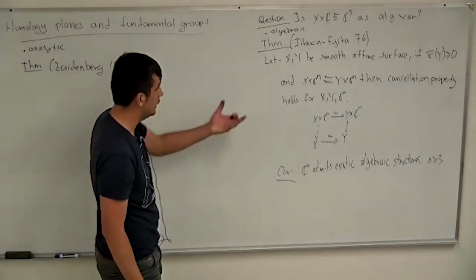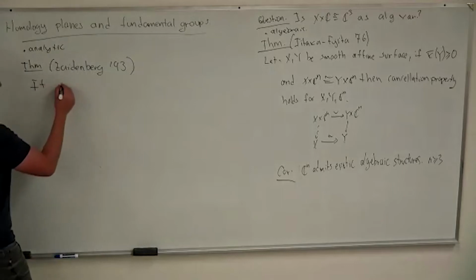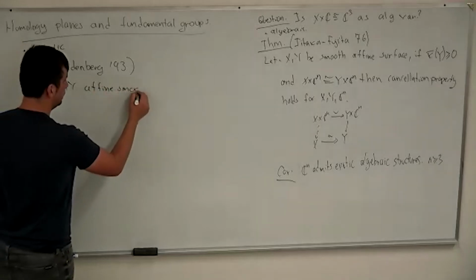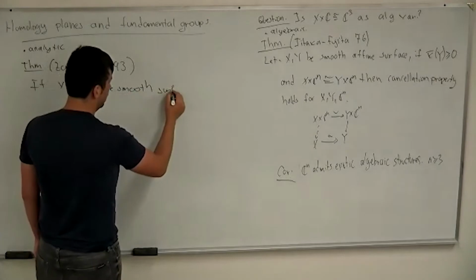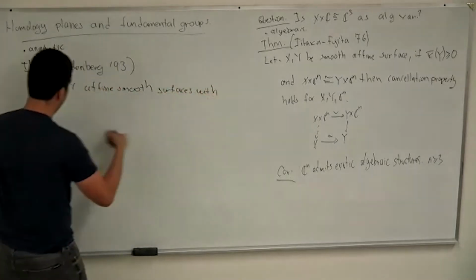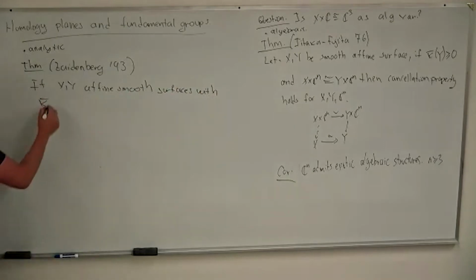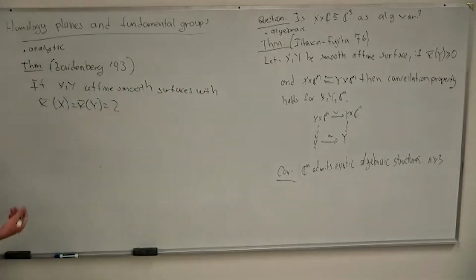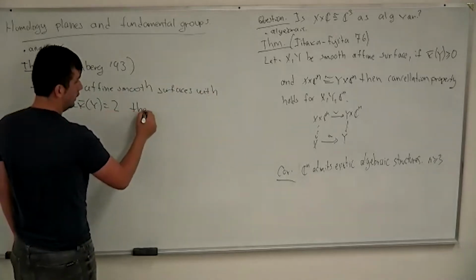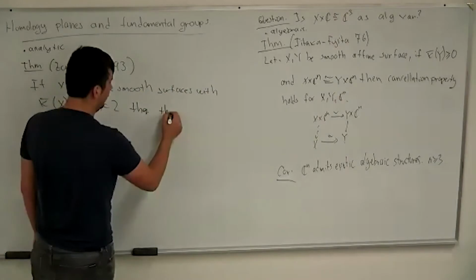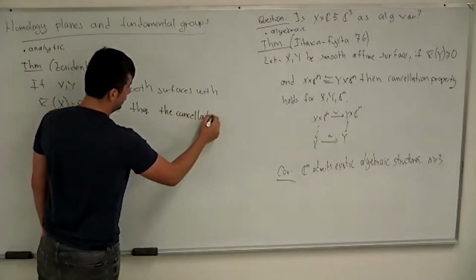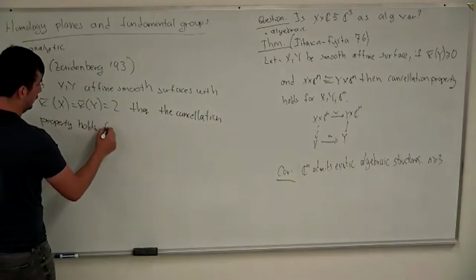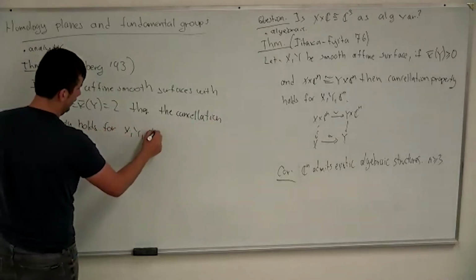So this is an algebraic cancellation problem, but if we have X and Y affine smooth surfaces with maximal logarithmic Kodaira dimension, so these surfaces are of log general type, then we get again that the cancellation property holds for X, Y, and Cn.